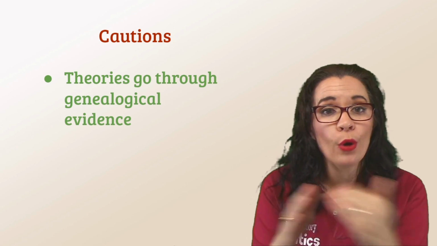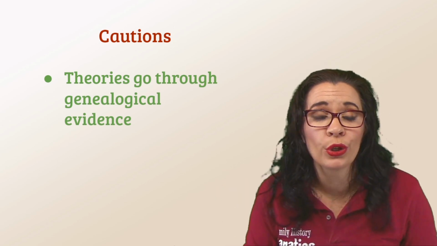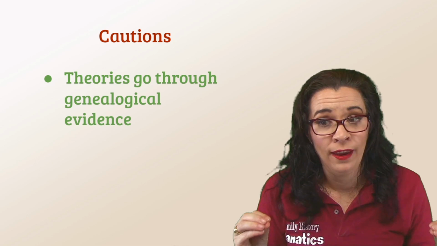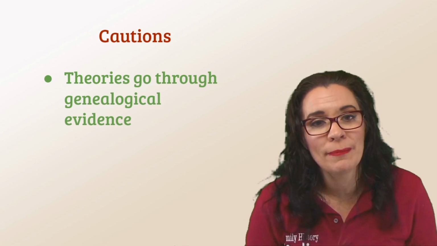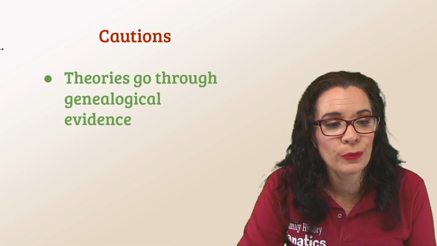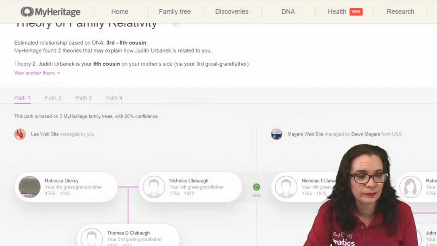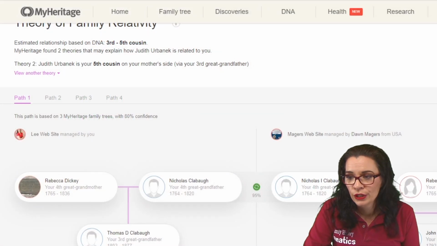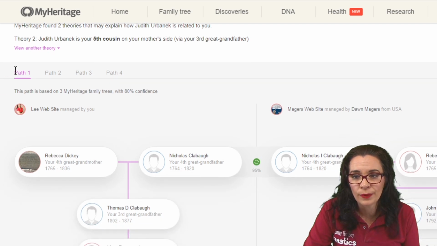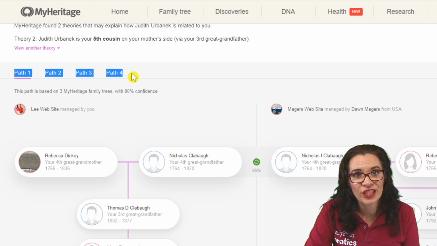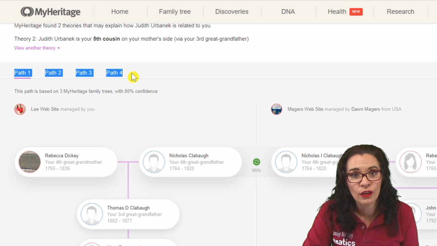In fact, sometimes there are multiple paths between your DNA match and you. And this is what makes MyHeritage particularly awesome. Here's what I mean. So I match another cousin, and you see right here that MyHeritage has 4 paths to try to link me to my DNA match.